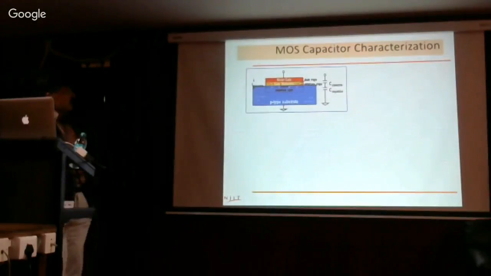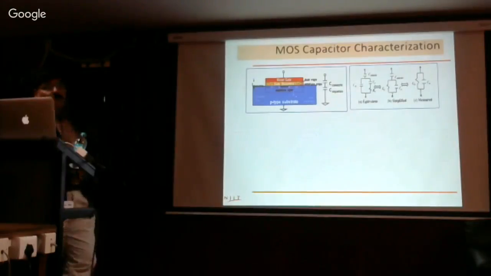So for the MOS capacitor characterization, coming back to this, there is a model actually. There are several ways you can characterize this. One is you have the dielectric capacitance, the gate capacitance or oxide capacitance. Then you have the depletion region capacitance.